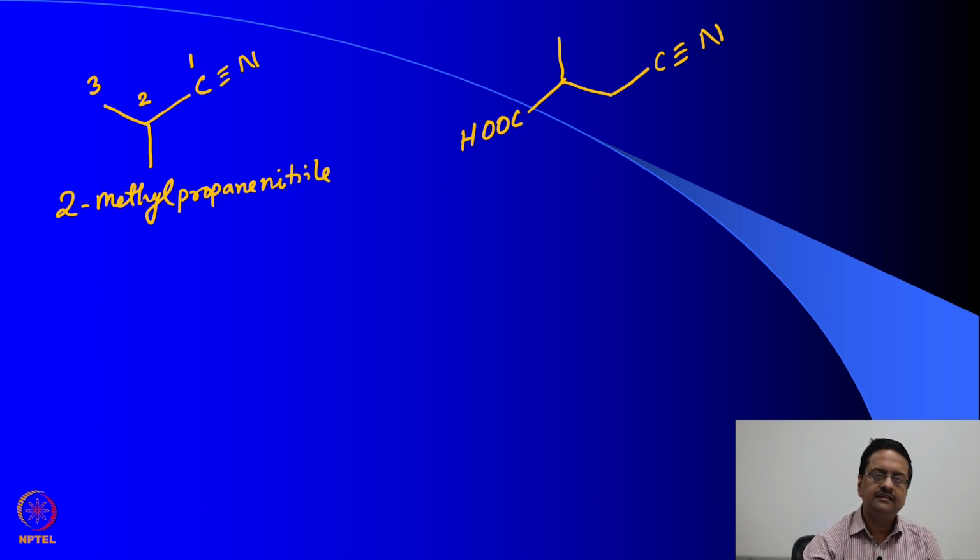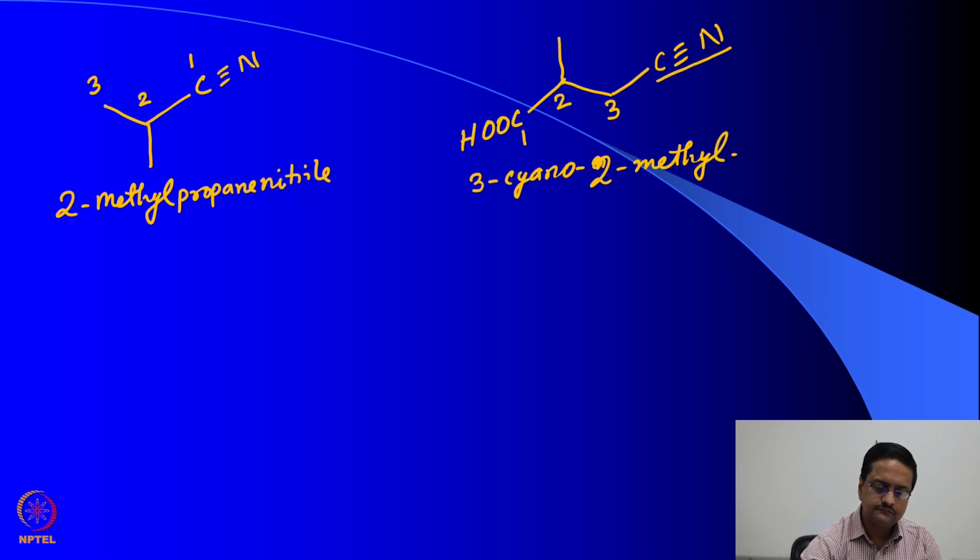Because here the cyanide is the only functional group, so we write it as nitrile. On the other hand, for the second molecule, we should number it as 1, 2 and 3, leaving the carbon connected to cyanide as substitution, and the name of that molecule then should be 3-cyano 2-methyl propanoic acid.